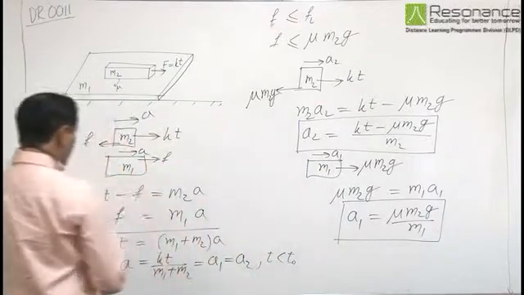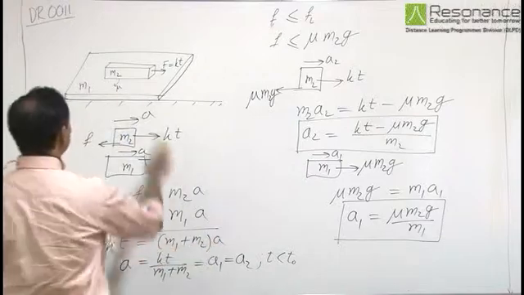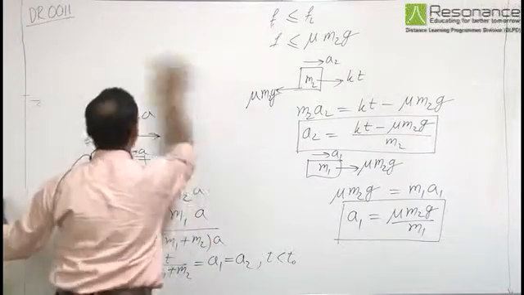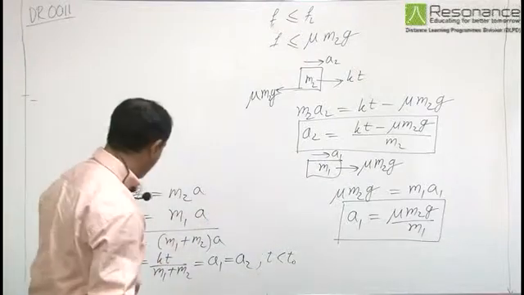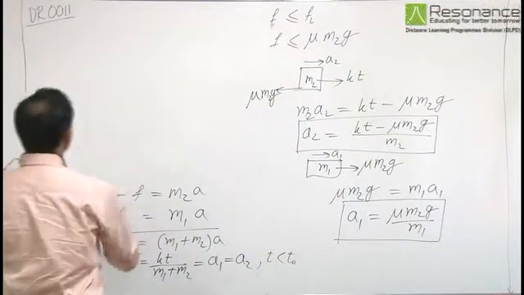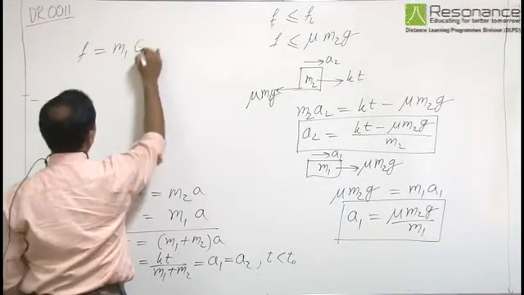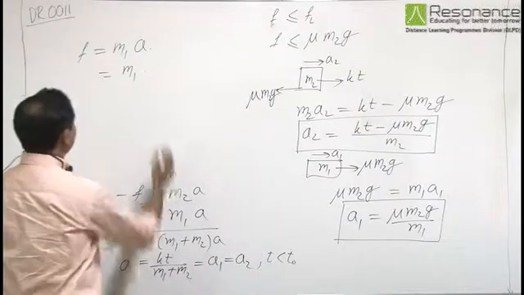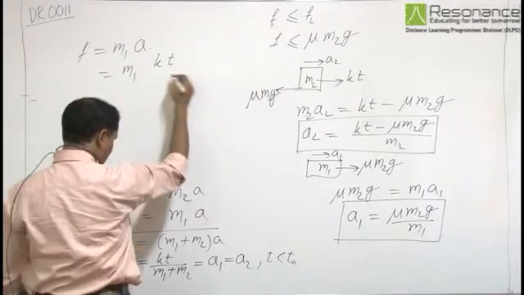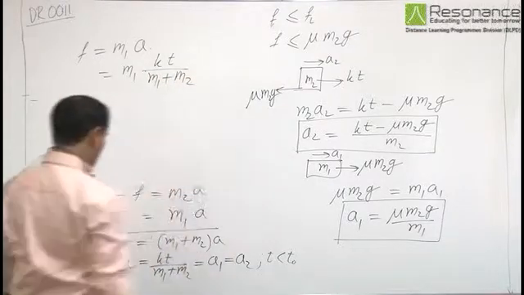To find that particular time, from this equation we can write the friction f is equal to m1 a, that is m1 into kt by (m1 plus m2).